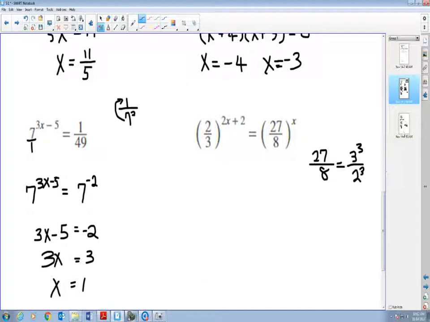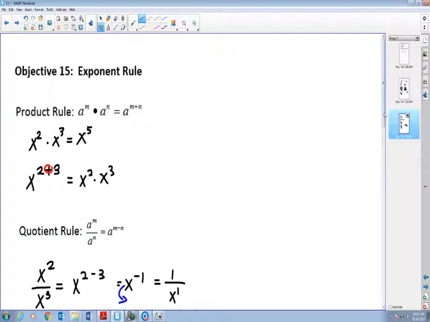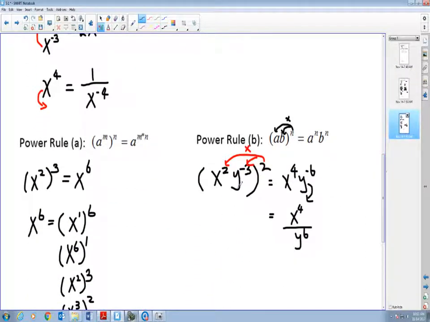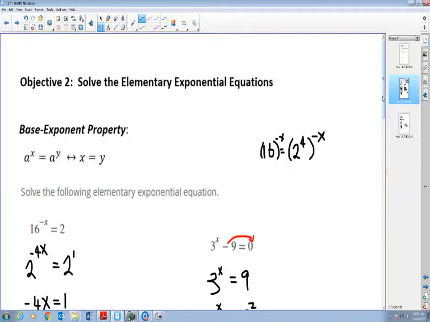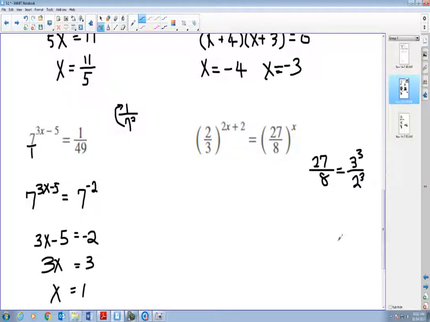So using the power rule backwards, where normally we multiply the exponent inside, now we're going backwards. Since both bases are to the same power, I can rewrite them as 3 over 2, whole thing to the third power.